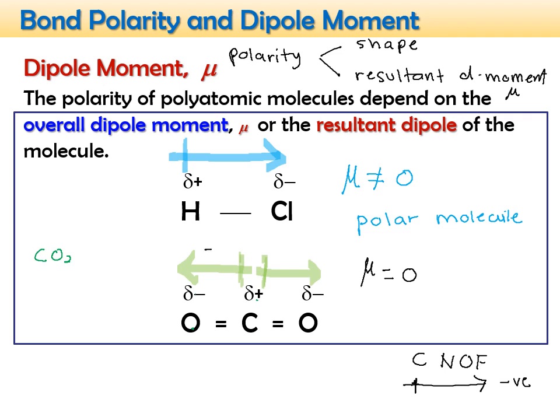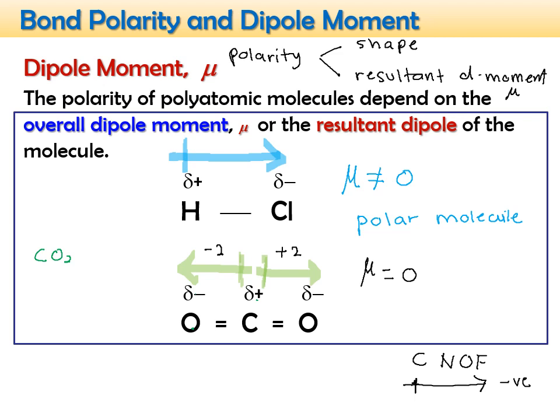Let's say -2 for the left arrow, and for the arrow pointing to the right, I give +2, because the strength of the attraction is equal. If you have one arrow pointing to the left and one pointing to the right, the resultant dipole moment, the sum of it, cancels off.